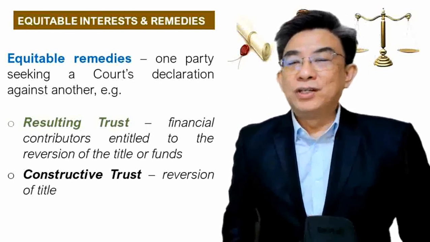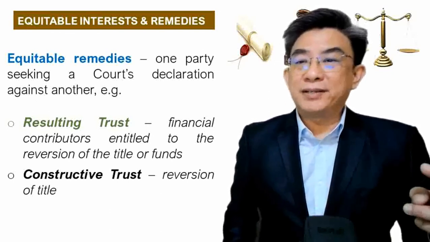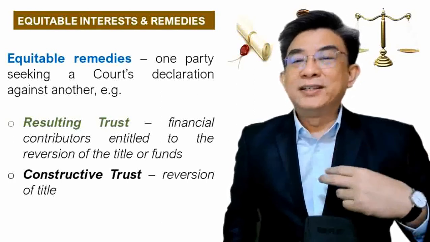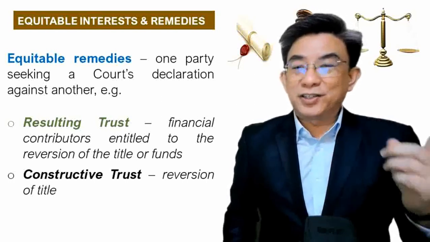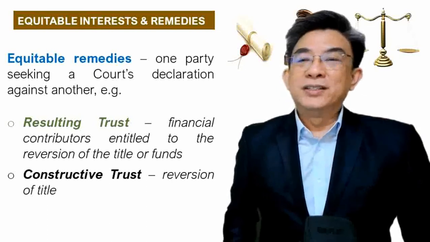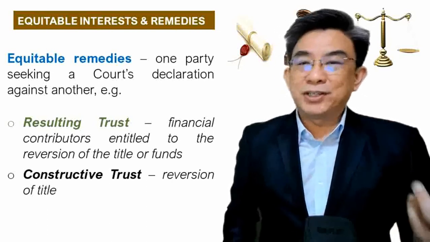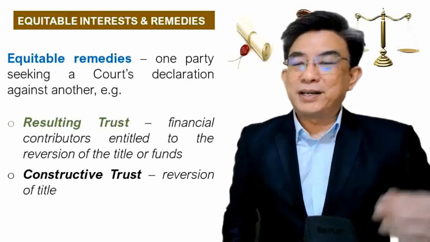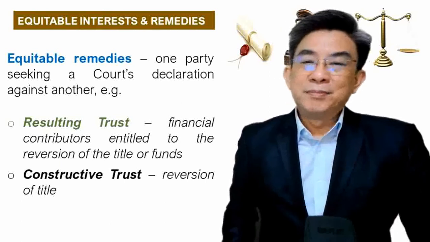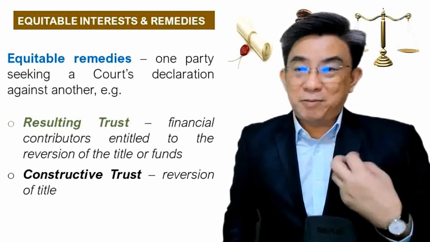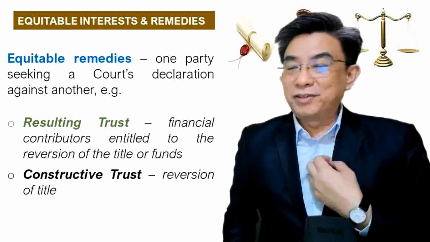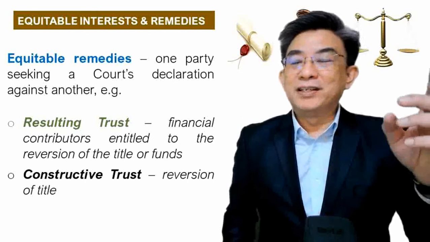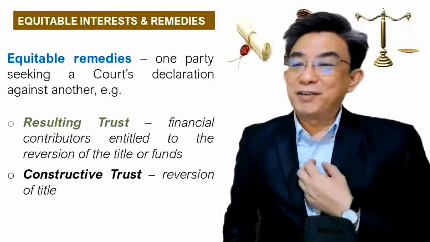So I go to court to seek a declaration that this 20% retained by my sibling is actually mine. I'm the beneficiary, and he is the trustee of a resulting trust. Resulting trust refers to purchase money. So the court may say, please return the 20% of the sale price to Sam. In the interim, before the money comes back to me, I'm the beneficiary of a resulting trust and my sibling is the trustee.